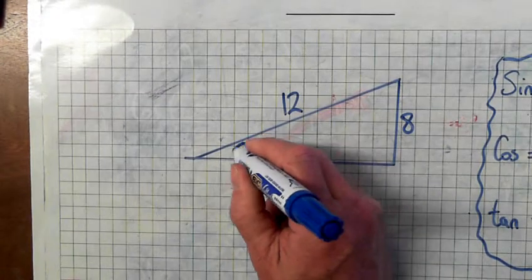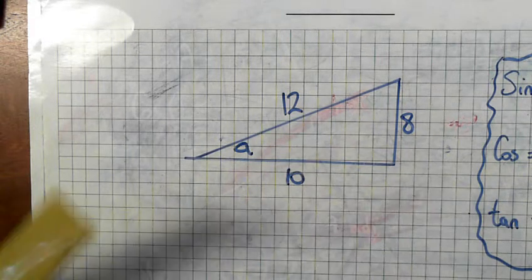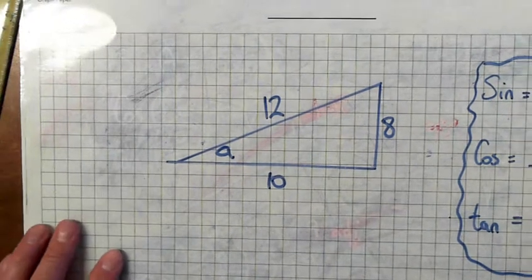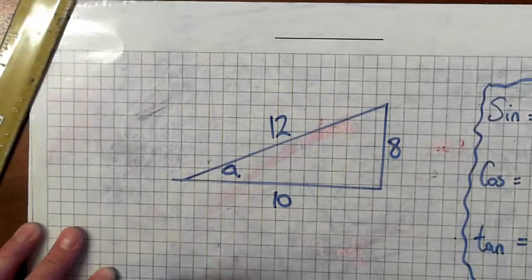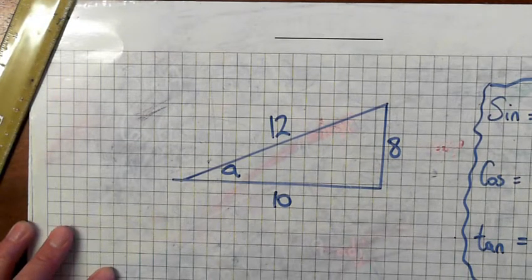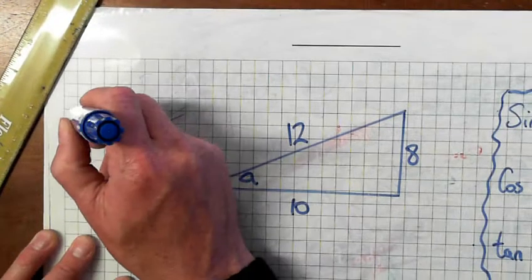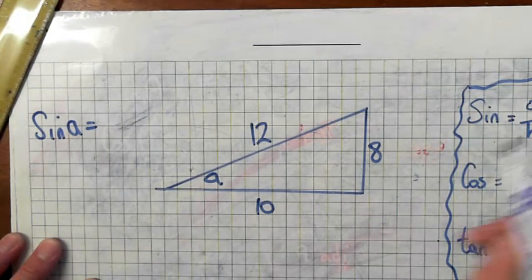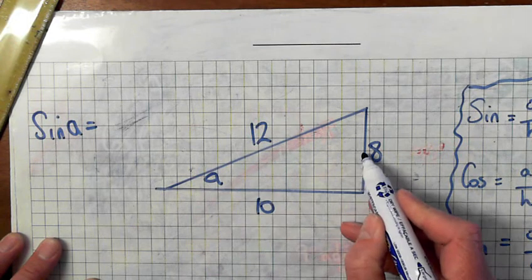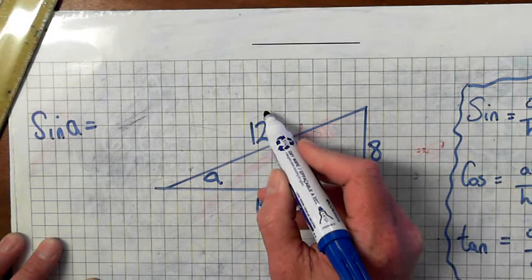I'm going to call this angle A. Alright, so how do we get the sine of A? Again, Oshin. Sine of A. Opposite over hypotenuse. 8 over 12. Opposite, that's the opposite. 8. And that's the hypotenuse, that's the longest side.